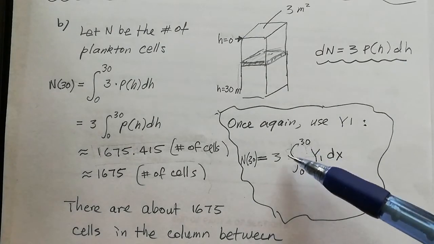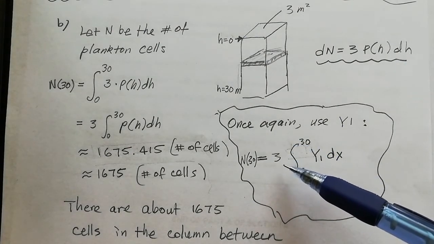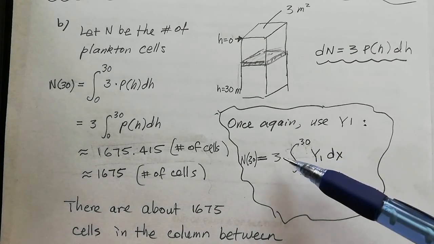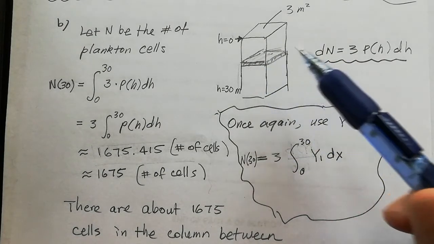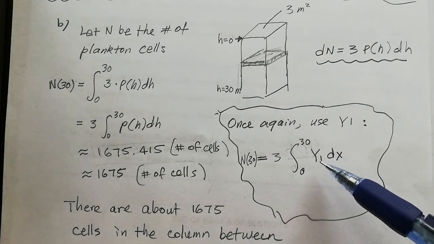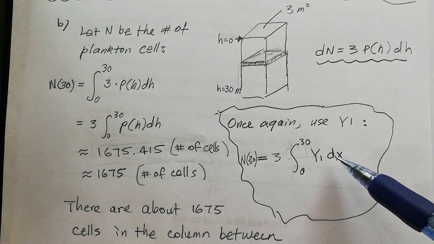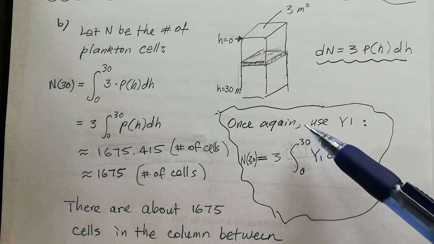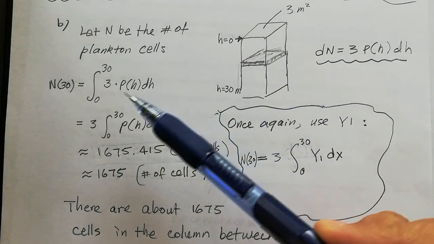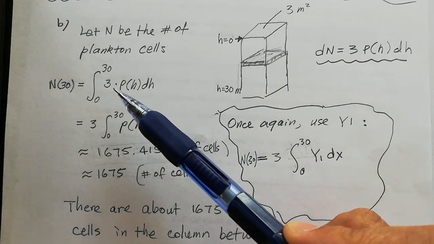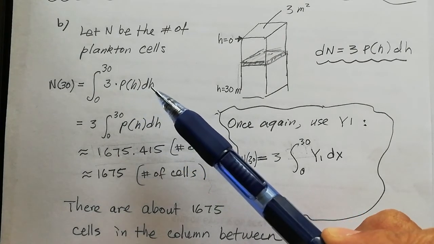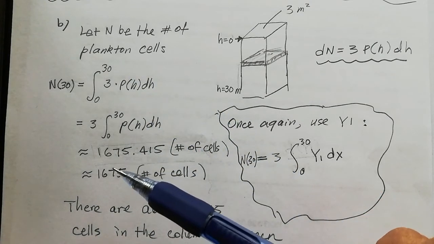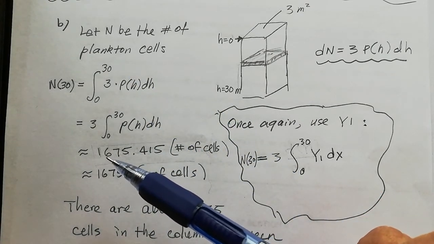The total cells, using a calculator once again, is 3 times the integral. The 3 is the area of the cross section. You put y1 in there and integrate from 0 to 30, which is the same as 3 times P of H dh from 0 to 30.